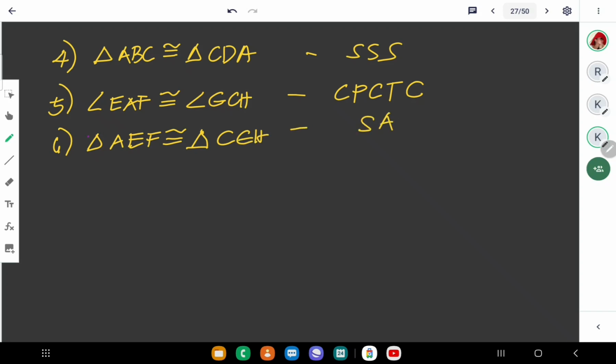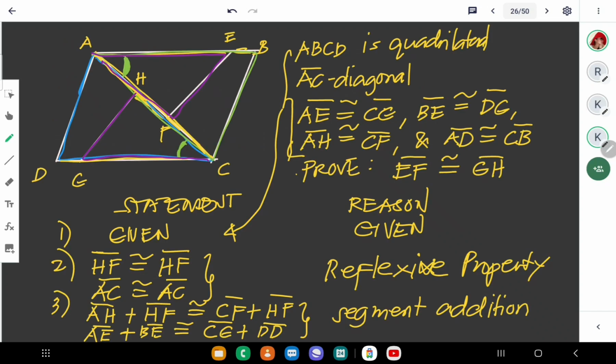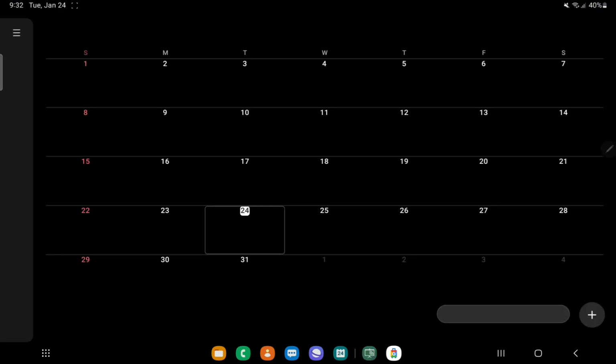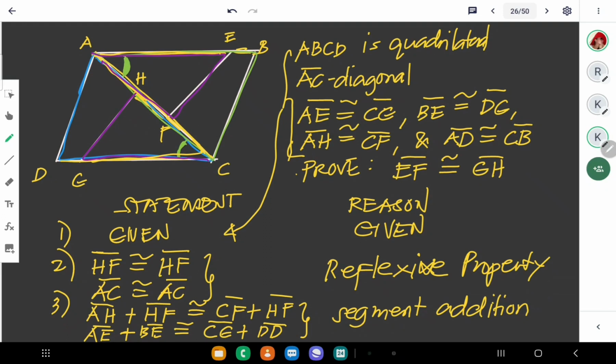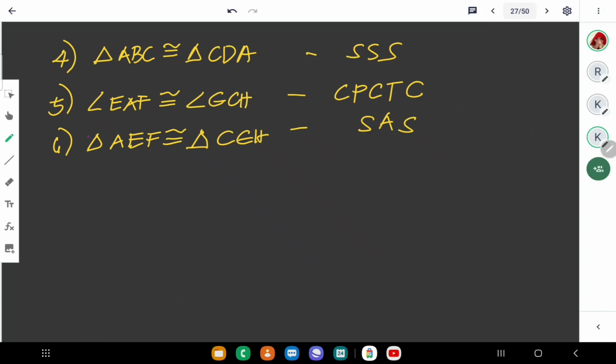So side, angle, side. Do you understand why it's side, angle, side? Because this one is congruent to here. And then this one is congruent to itself, the AF, and then this angle is congruent to this angle. So our reason would be SAS.